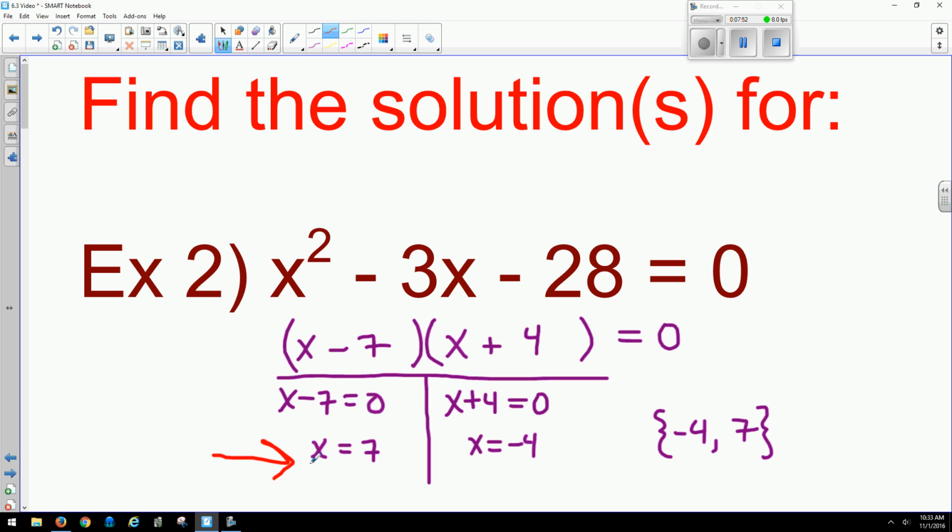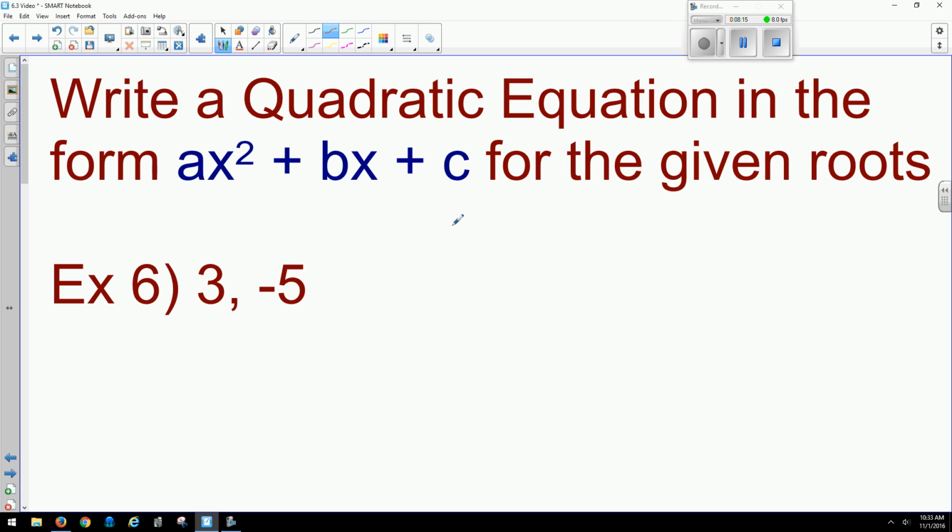And we're just going to backtrack and write it in this form. So take a look at what happens here. We're going to start with what x is equal to, the roots. So then we're going to set each one equal to 0, and we're going to put each one in a set of parentheses, and then we're going to multiply it out. Okay, so we're just working backwards for these examples.